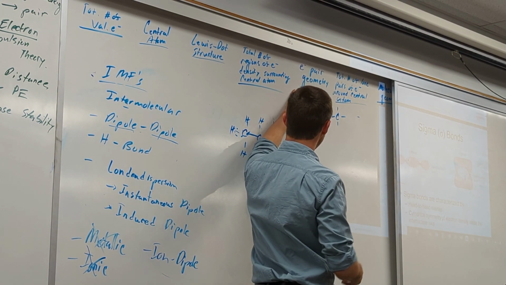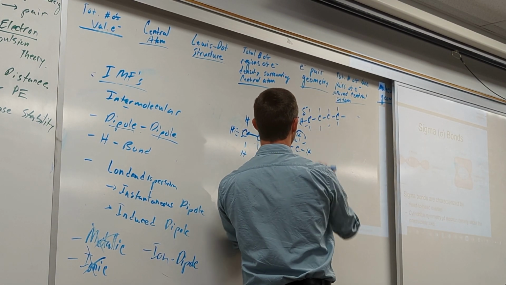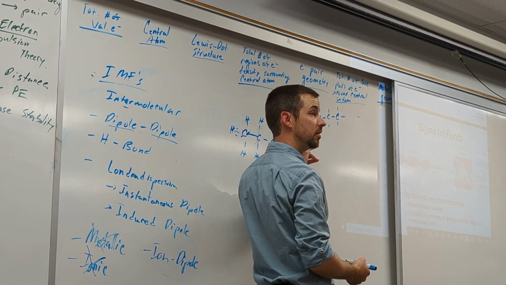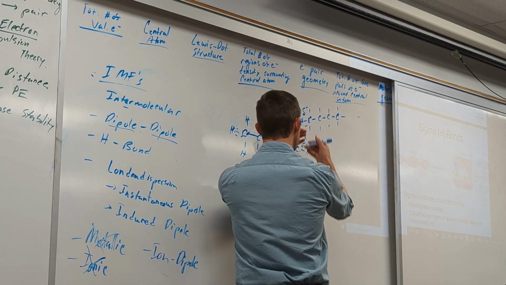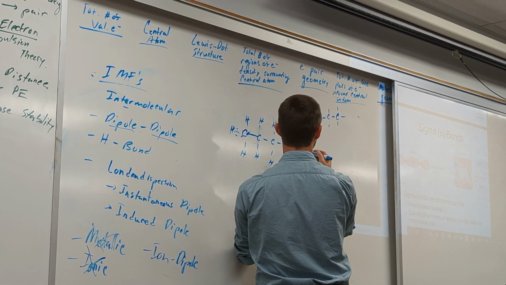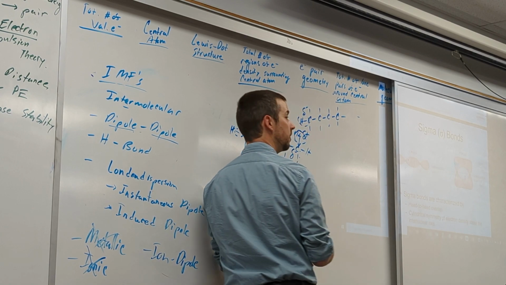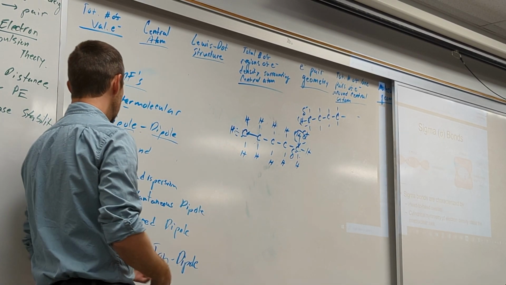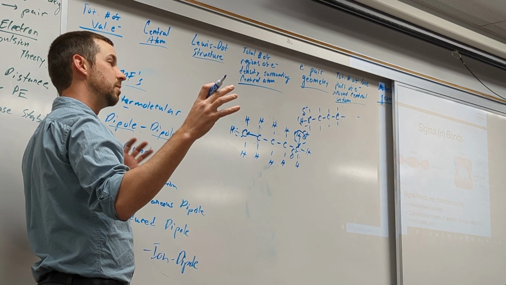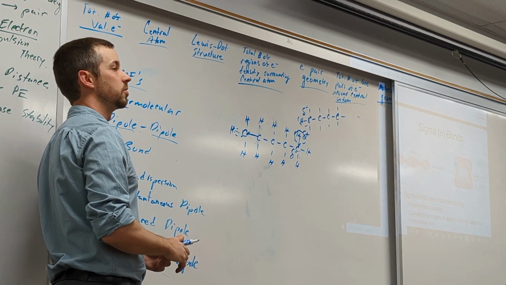If you have a buildup of electron density here, what will that do to the electrons here? Attract or repel? Repel. And when it pushes those electrons away, moves this direction, that becomes slightly negative and this becomes slightly positive at a given moment. So again, the proximity of one molecule to another causes a conformational change.